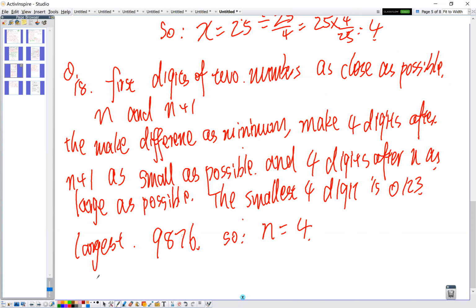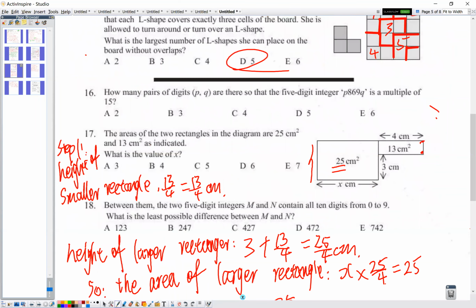So the difference is 50123 take away 49876. The answer is 247. Okay, this is how you get the value for this question. So the correct answer for this one was B.